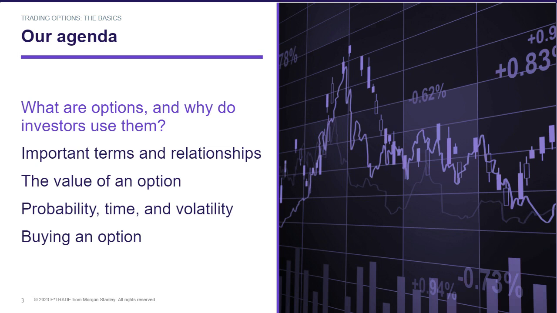What is an option worth? And then I'm going to push you a little bit. The session is the longest of the full day because I'm going to push you a little bit. We're going to introduce ideas of probability and time and volatility, really important components of how options behave.